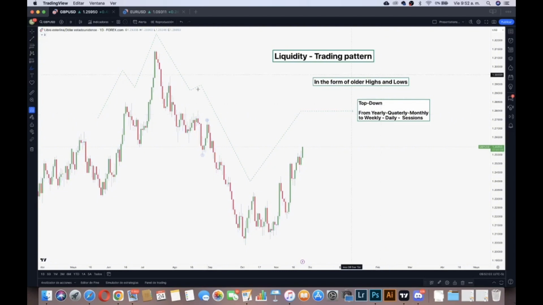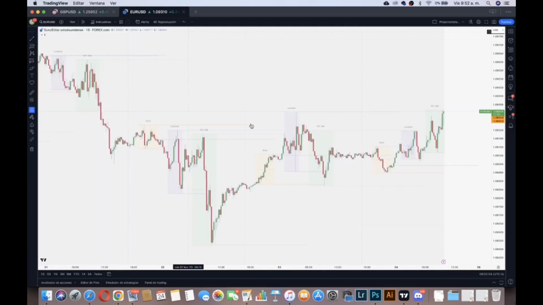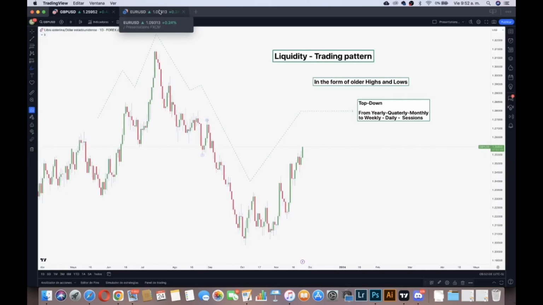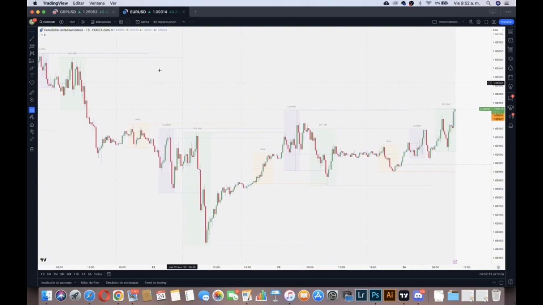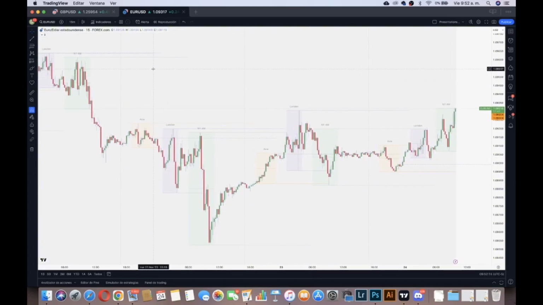In order to see this, I want to show you an example with the sessions liquidity. Right here, we're using just a simple indicator of sessions. We have the Asian, London, and New York sessions, and we can see right here, for example, this high of the Asian session was also the higher high of this entire day.